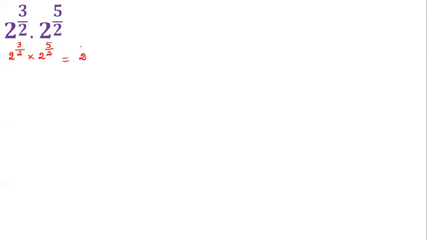Bases are equal, powers are different, so you have to add the powers. 2 to the power 3 by 2 plus 5 by 2. Denominators are equal, so write 2 in the denominator and add the numerators: 8 by 2. So 2 to the power 8 by 2, you can cancel 2 and 8. 2 fours are 8, so 2 to the power 4.